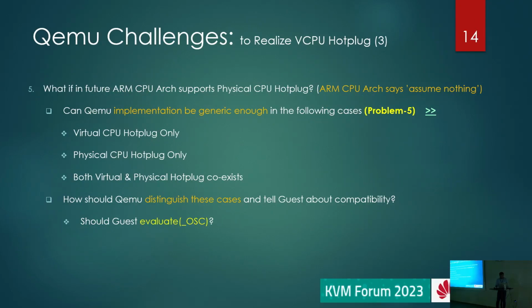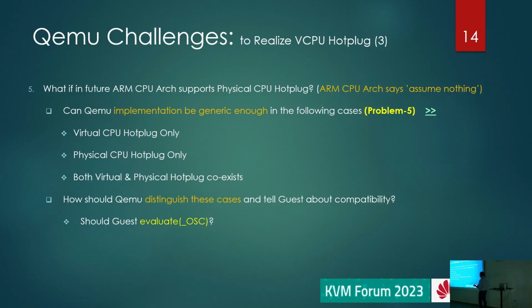One last thing: eventually you have everything in place, but there's a key problem of compatibility across different kinds of releases, which might or might not have virtual CPU hotplug. And to be very frank, we cannot deny the presence of physical CPU hotplug in future systems. What if both of them exist in future?